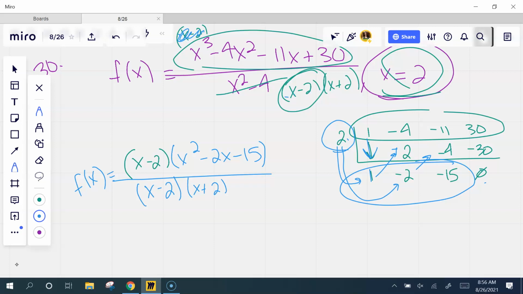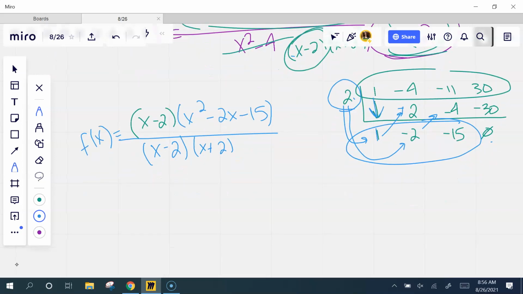Now plug the hole. Plug the hole at 2. We're going to remove the discontinuity, call it g of x, and then plug the hole where there was.